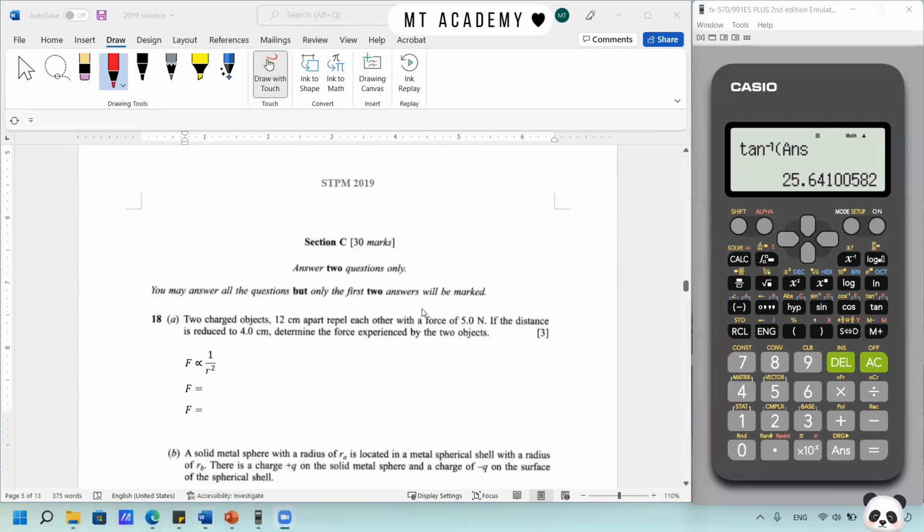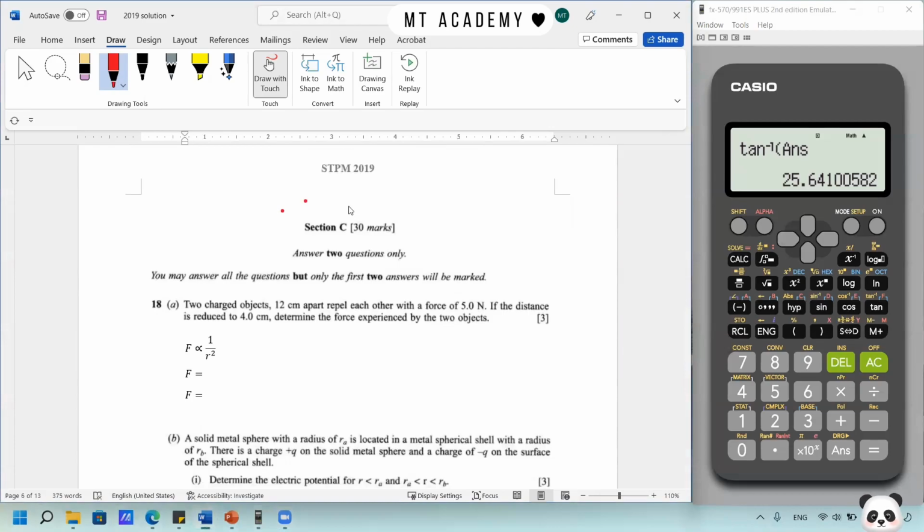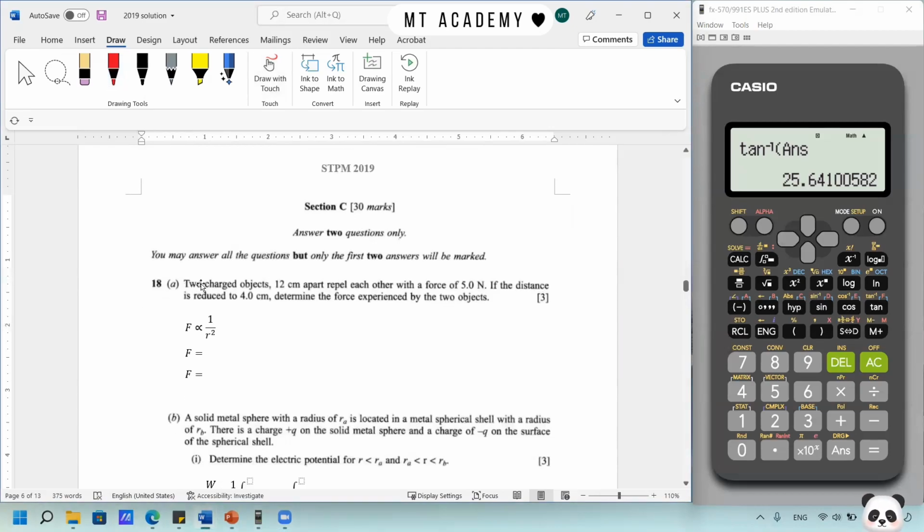So we're going to enter section C. Two charged objects 12 centimeter apart repel each other with a force of 5 Newton. If the distance is reduced to 4 centimeter, determine the force experienced by the two objects. This is electrostatics, and it is about the force and the distance.